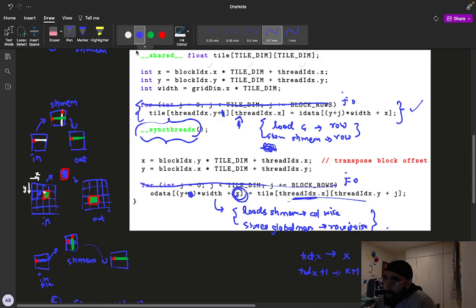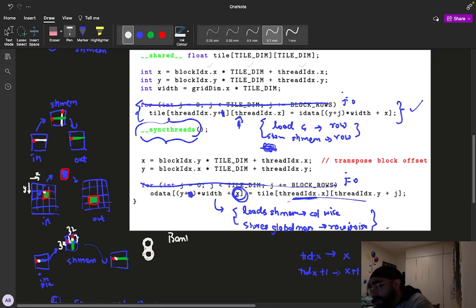And the next thread here was responsible for these locations. So when consecutive threads load from shared memory, since they are loading column wise, we get a bank conflict here, if the tile dimension is 32. Why do we get a bank conflict? Because the banks have size 32.